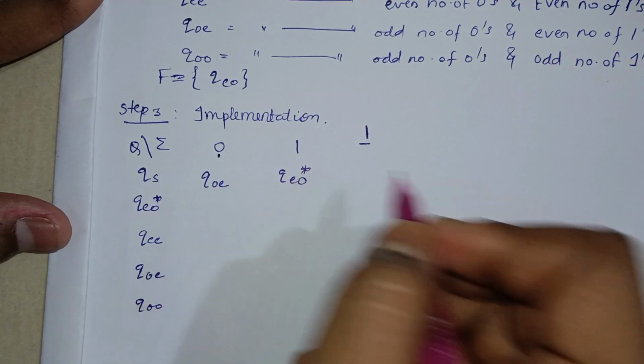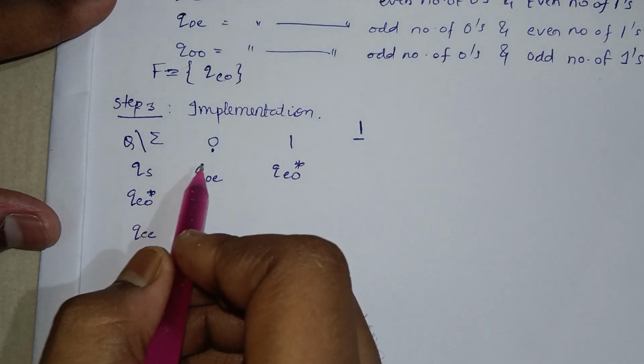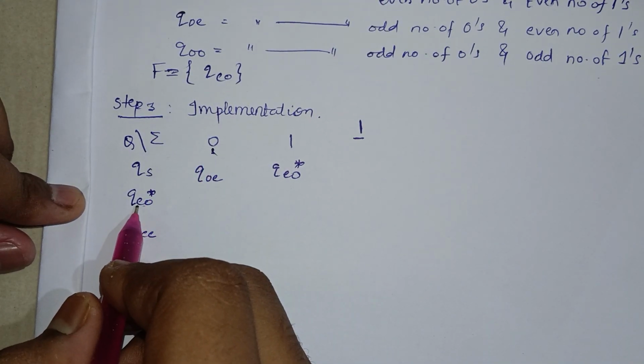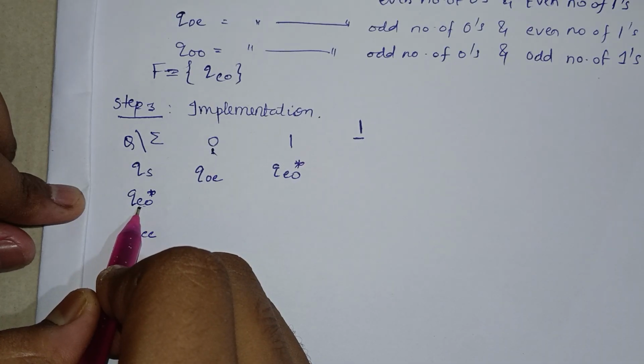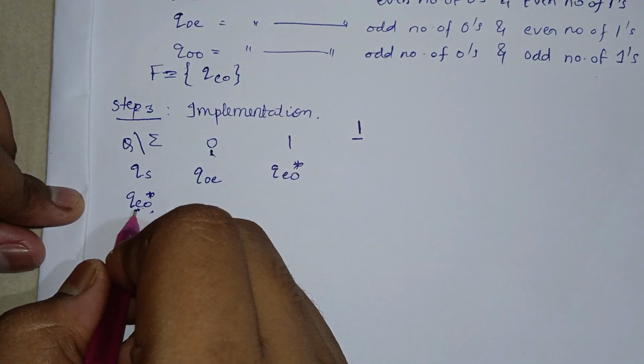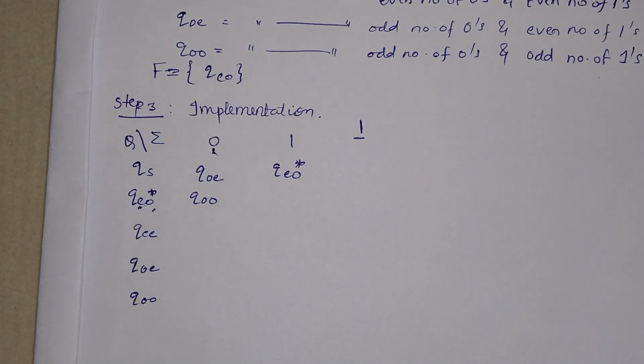This is a final state. We will mark this also as a final state. Same for QEO: when it receives 0, it has even times 0 and odd times 1, so after receiving 0 it will go to odd times 0 and odd times 1, thereby QOO.